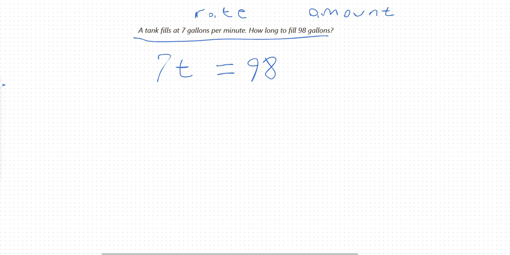So now we've set this up, and we have how many minutes before we equal 98? 7 times what equals 98? We'll simply divide both sides by 7. And we find that T equals 14.